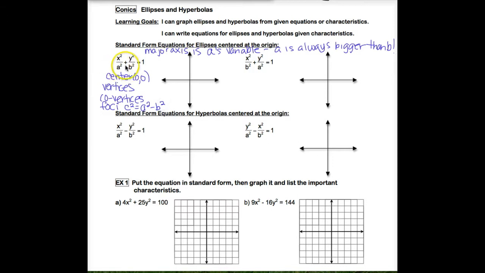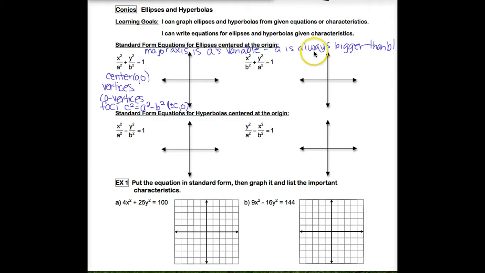So obviously a squared and b squared are part of your original equation, so you use those to find your foci, because the foci are going to be located on these ones where we're centered at the origin. They're going to be c away from the origin, so plus or minus c, 0 in this case.